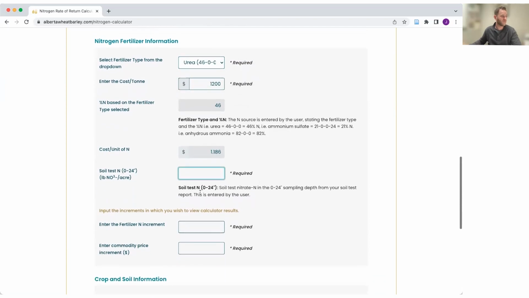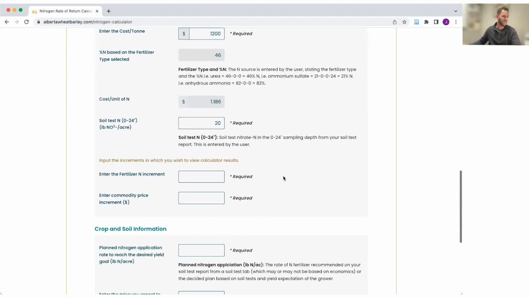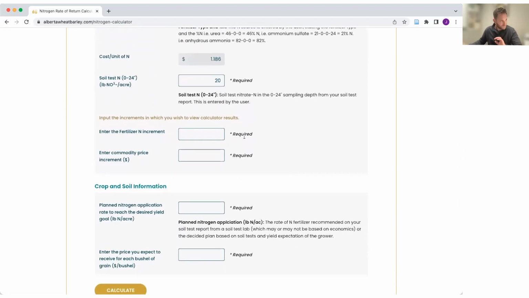Here you're going to put in your soil test nitrogen, so your nitrates from 0 to 24 inches. If you don't have a test going down that far, the results are not going to be representative of what's actually going on in your field. So we're going to put 20 pounds in there. That's what we saw from the soil test that we were looking at.